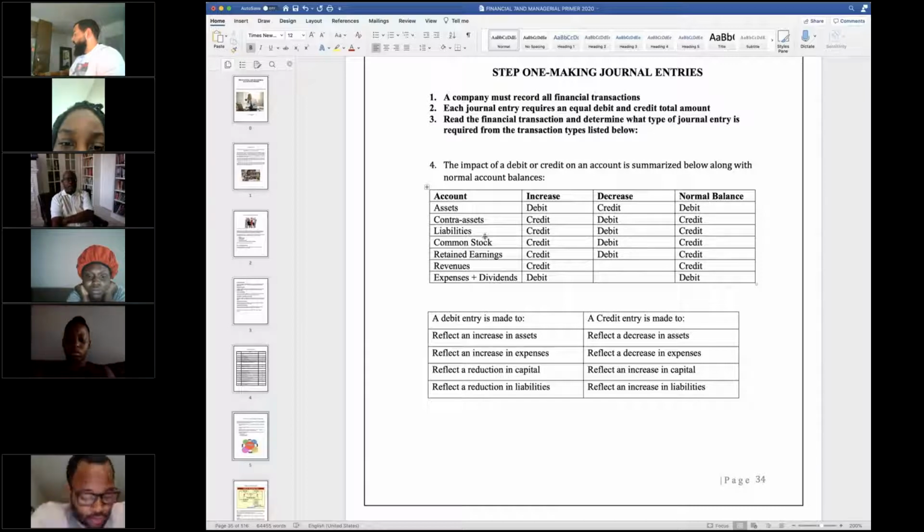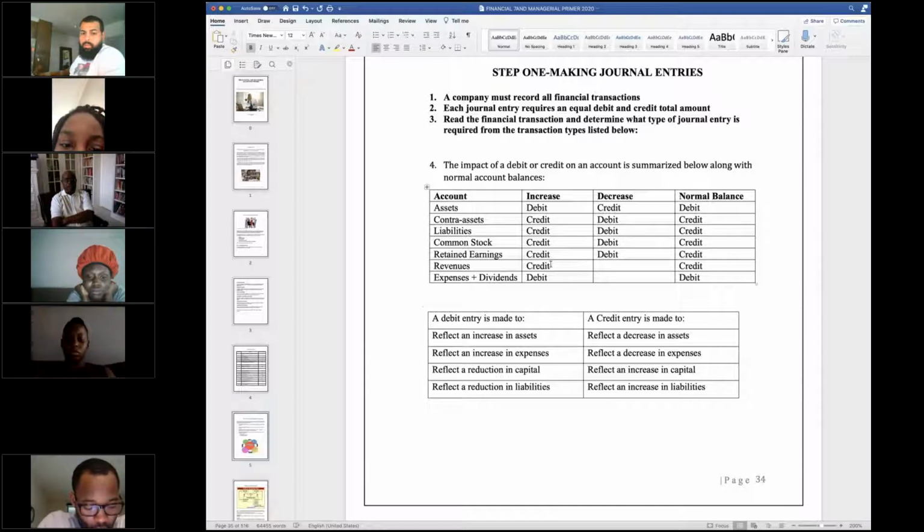For a contra asset, it increases with a credit, it decreases with a debit, and its normal balance is a credit. For liabilities, they increase with a credit. It goes the opposite way. They decrease with a debit. A liability is supposed to have a credit balance. Common stock, same thing. It increases with a credit. It decreases with a debit. The normal balance is a credit.